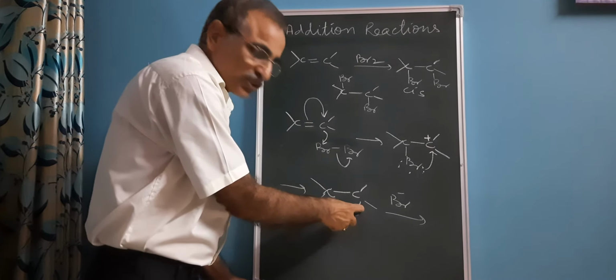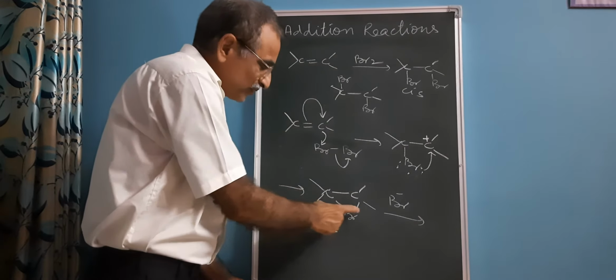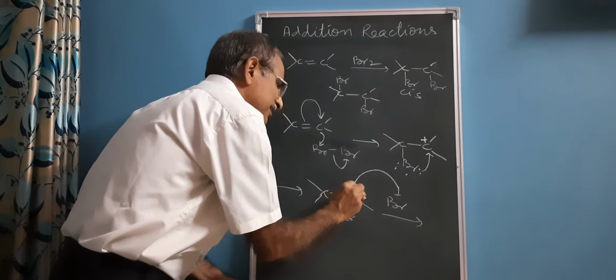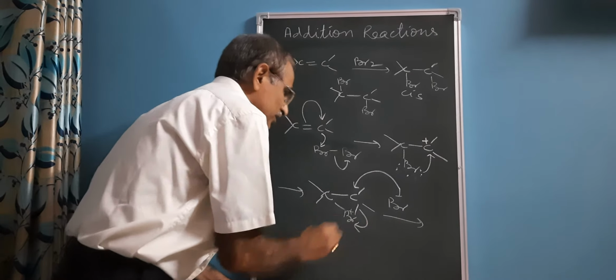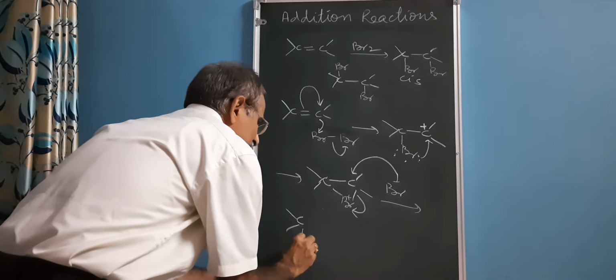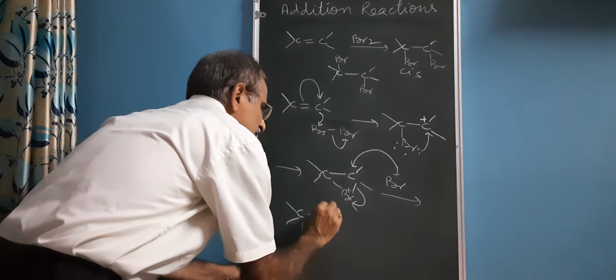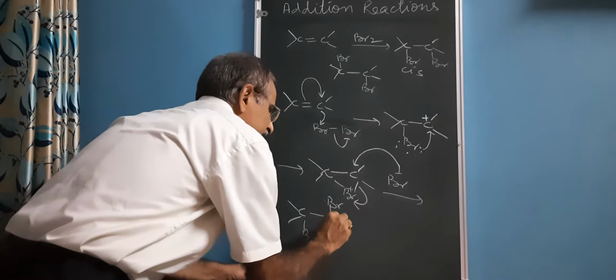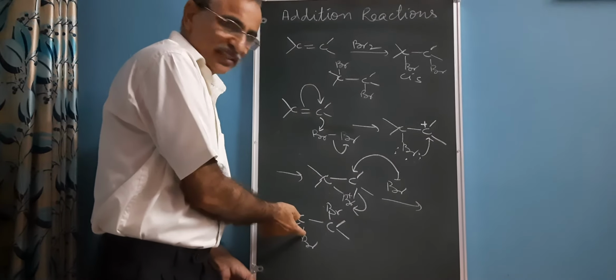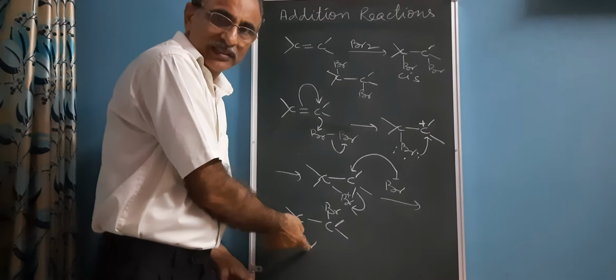There is no space from this side, therefore it will approach from the back side, and as a result there is formation of the product. Trans addition takes place. In place of cis addition, trans addition takes place.